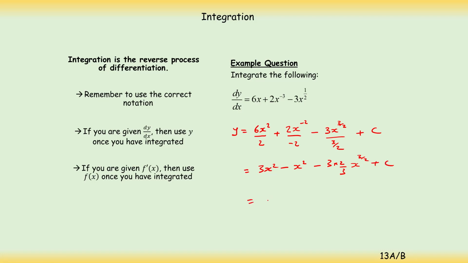And so simplifying, sorry, that should be a minus 2 there. 3x squared minus x to the power of minus 2 minus 2x to the power of 3 over 2 plus c. So hit pause. Let's get that example down. When you're ready, hit play, and we'll have a look at the integral symbol.